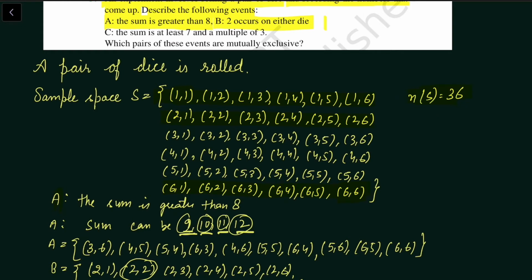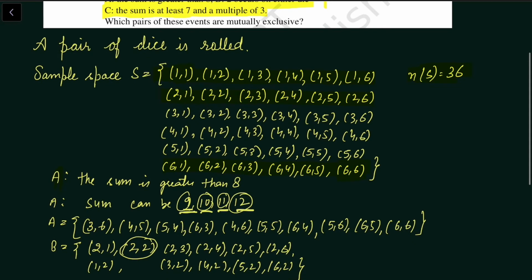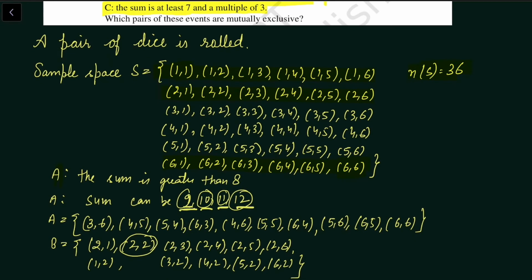Now let us read the third event C. The sum is at least 7 and a multiple of 3. The sum of the numbers on both dice is at least 7 and a multiple of 3. At least 7 means the sum can be 8, 9, 10, 11 or 12, because on a pair of dice we cannot have a sum greater than 12. But it should be a multiple of 3 also.